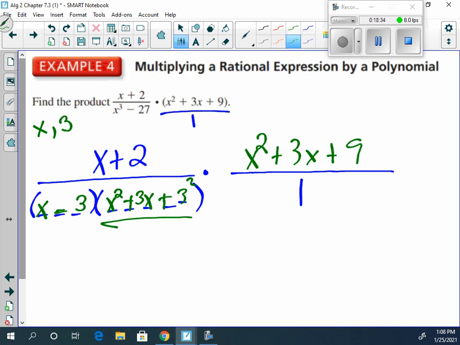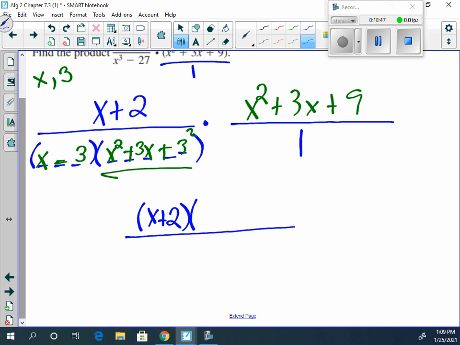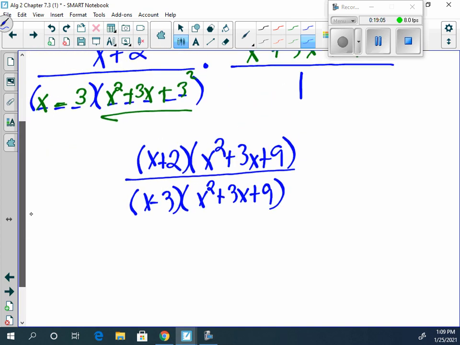It just won't. Well, the last thing we need to do is multiply them together. X plus 2 times x squared plus 3x plus 9 is going to be over x minus 3 times x squared plus 3x plus 9, since 3 squared gives us 9.